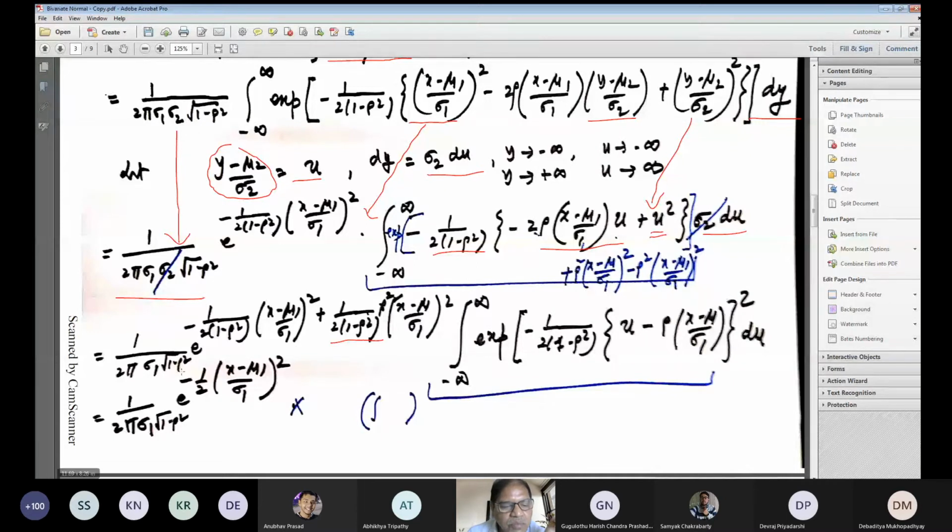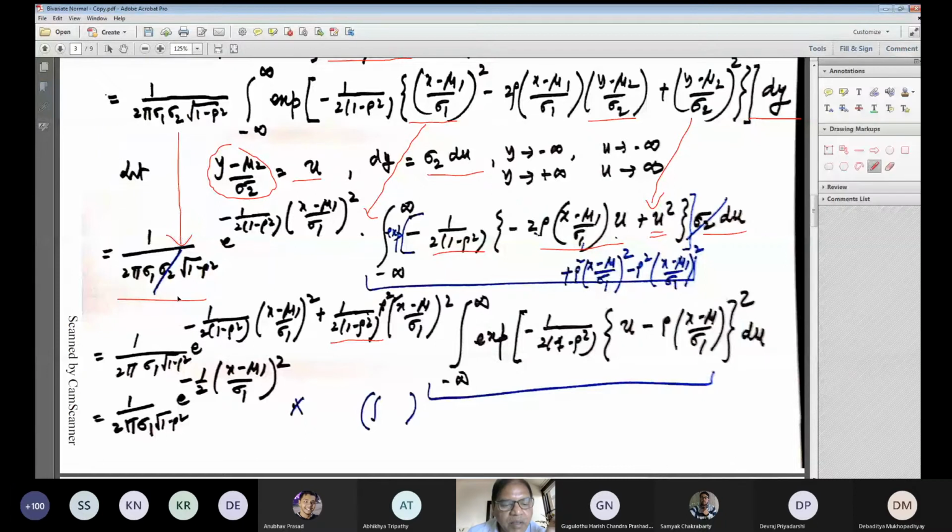The earlier terms which we have carried out earlier are all here, and this is the extra term which has been taken out.